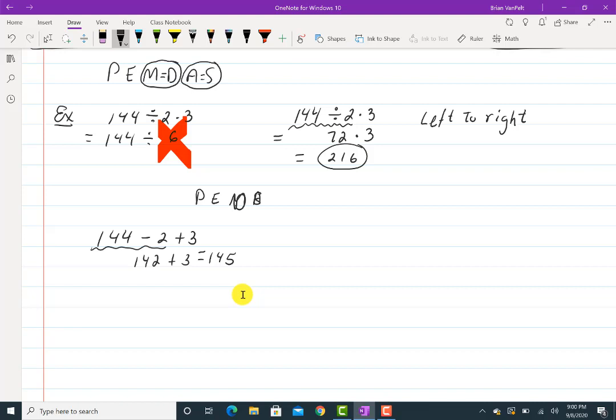Obviously, if I switched the addition and the subtraction, this would be different. So if I did 144 plus 3 minus 2, now I would do addition first, and I would get 147 minus 2, and I'll end up with 145 also. So that's not guaranteed to happen. That just happens in this particular example.